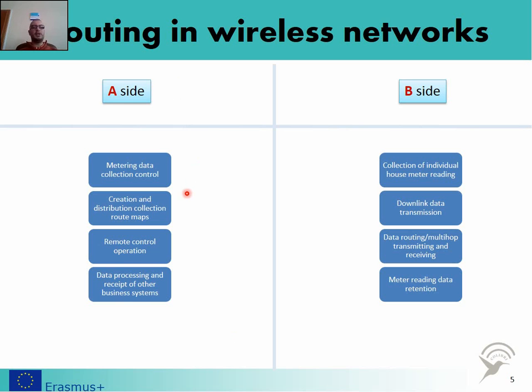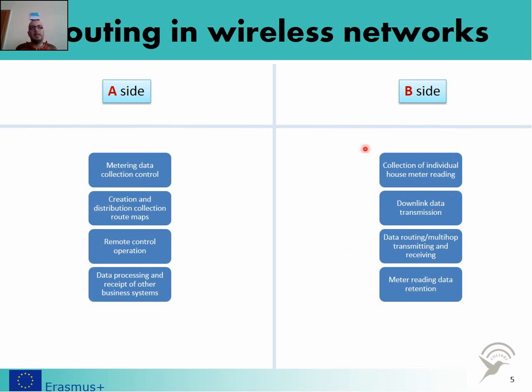The creation and distribution of collection route maps, which is made by the metering data control server. The remote control operation, which means that the servers can uplink new information like a tariff, for example, or block the tariff, etc. Data processing and receipt for other business systems.